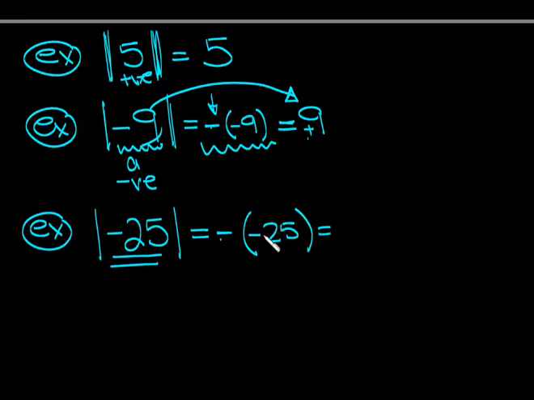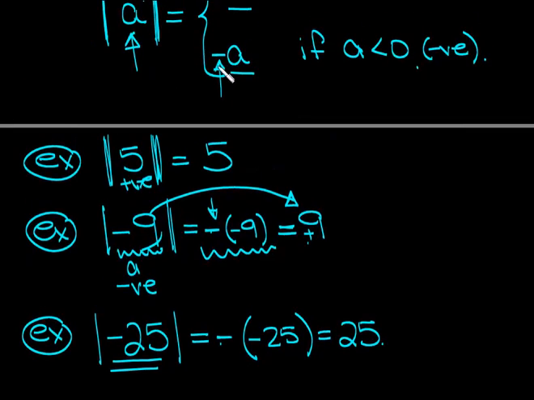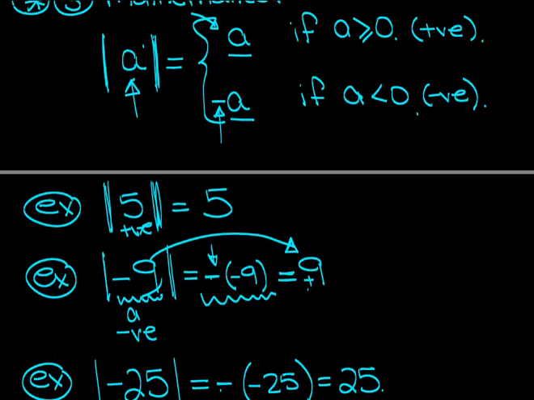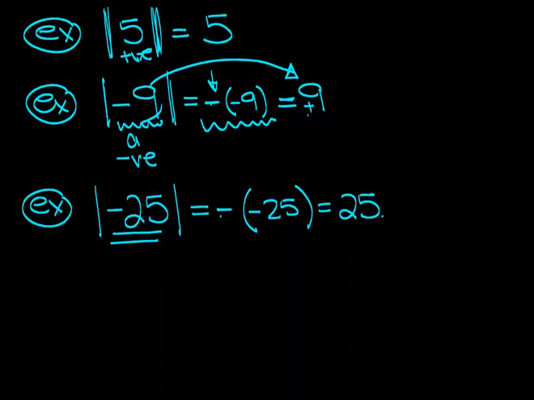Then negative times negative is 25. Okay, so that's what this definition tells us. Introduce that extra negative to make the number positive. So if a was already negative, then you need another negative in the front to make that expression positive. Okay, so now that is positive. Alright, the best way to know if you understood the definition of absolute value is to understand these examples.